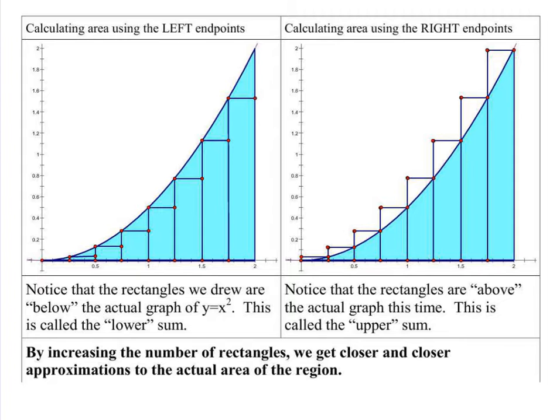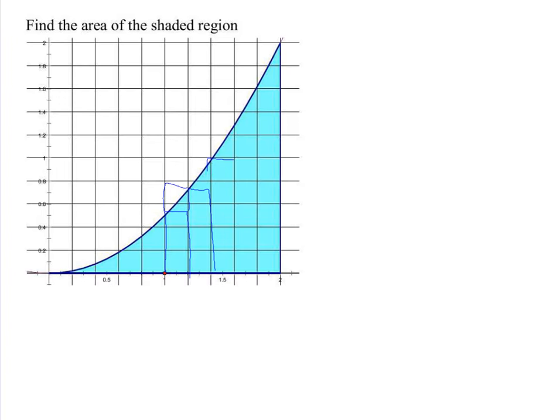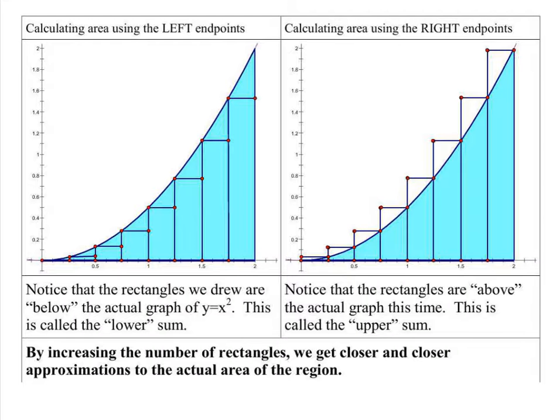Okay, so I have two situations here that are kind of mimicking what we looked at here with trying to calculate the area under a curve. So this region right here has an area that we're trying to calculate. You see squares here, you see rectangles here. With the squares, you cut up all the squares and then you tried to fit in all the little pieces that were left over. With the rectangles, you have two choices.